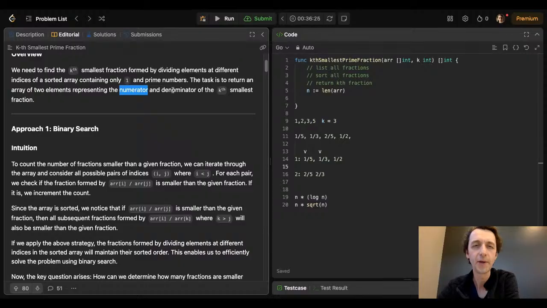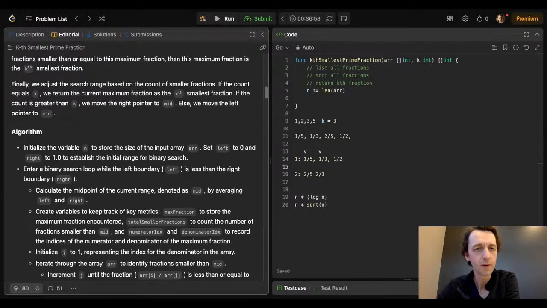Common denominator, vulgar fraction, denominator below the line. In Russian it is числитель and знаменатель. Got it.